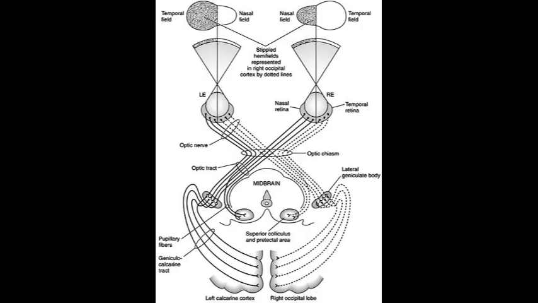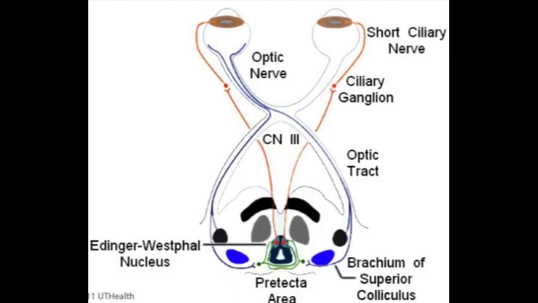When they reach the brachium of the superior colliculus, they will synapse with the pretectal nucleus. This is a very important aspect for the pupillary response. Each pretectal nucleus will receive light from the contralateral visual hemifield.